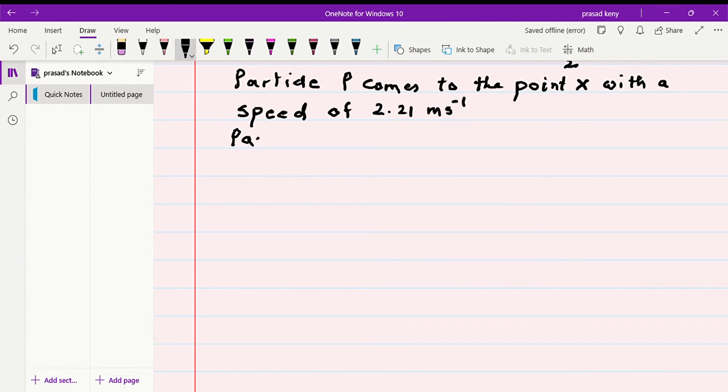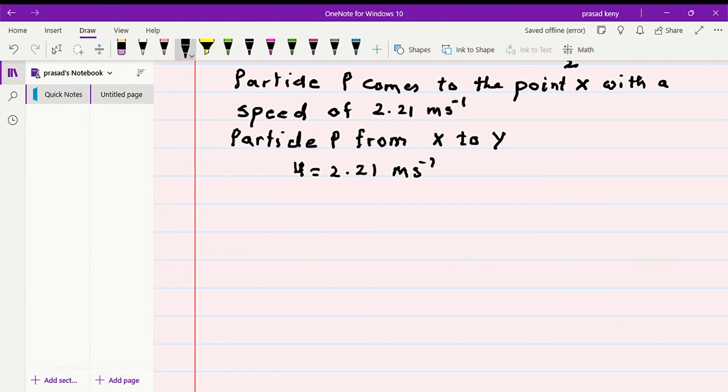Particle p from x to y. Now at x, the speed of the particle p will be same as the final speed of particle q when it reaches the ground. So u will be 2.21 meter per second.